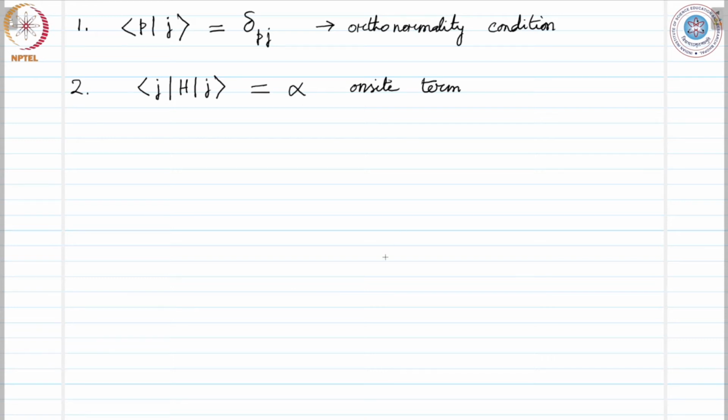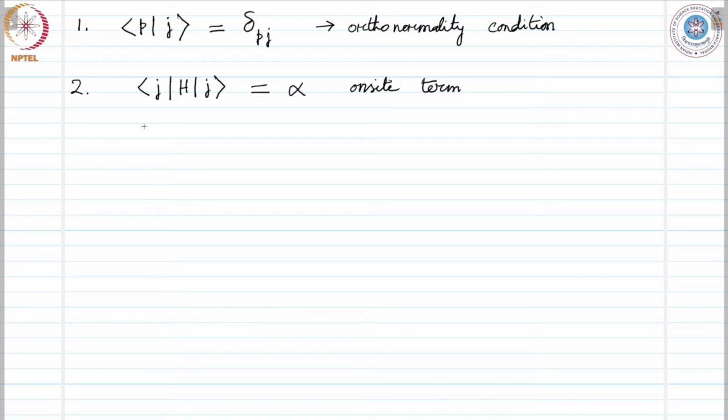Not that for every system this must happen, but for a linear chain of hydrogen atoms it is going to happen, and this is something we consider for simplicity. For all values of j, alpha is the same constant, that's what we assume.